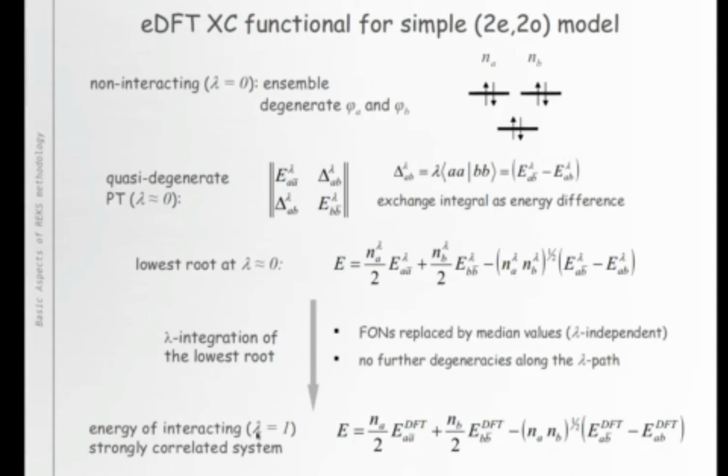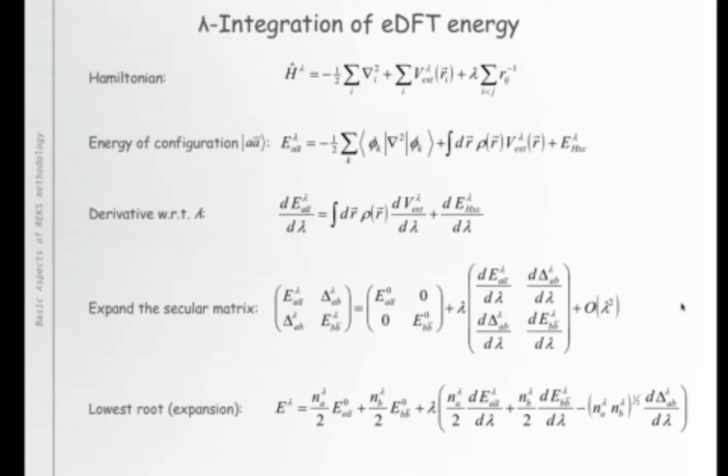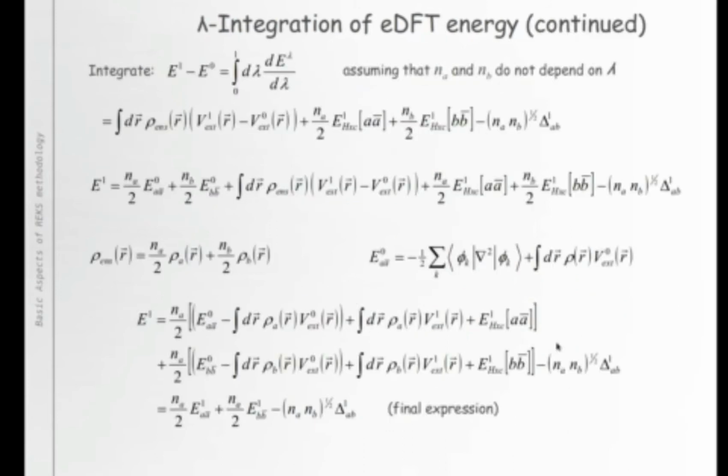So fully interacting particles, but now with fractional orbital occupations of these two orbitals in the ensemble configuration. From here to there, I go by lambda integration, and this is explained in a couple of the next slides, but I will not explain it in detail because it's too much derivation. I will go to the next slide immediately.